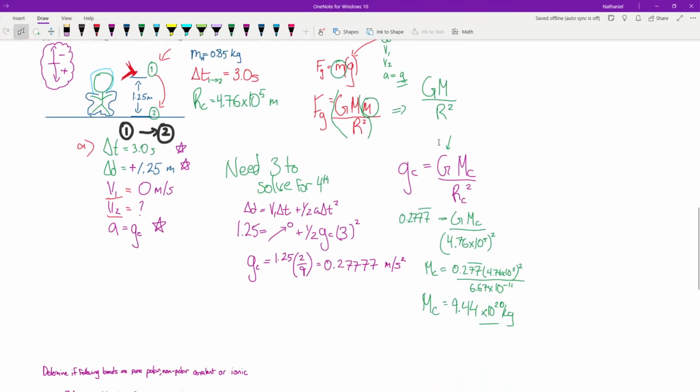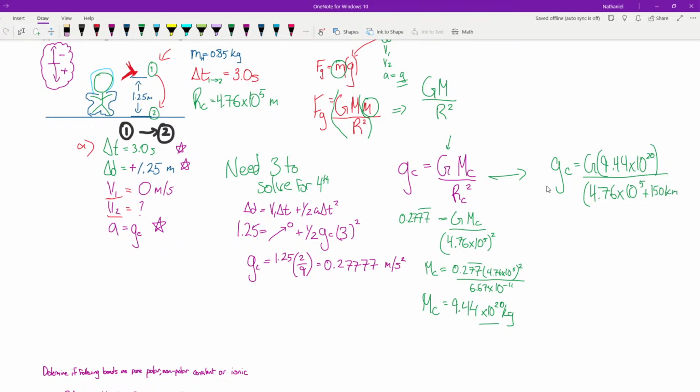So all we would do here is take the same equation: GC equals G times M over R squared, and now I have 9.44 times 10 to the 20. And my R is going to be 4.76 times 10 to the 5 plus 150 kilometers.